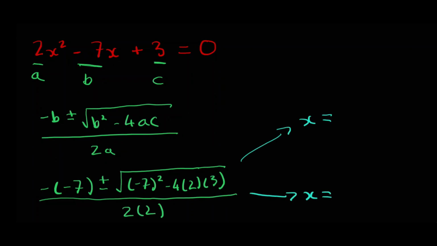And if you calculate that for both the plus and the minus, the two solutions you should get are x equals 3 and x equals 1 over 2. So for this quadratic to equal 0, x needs to equal either 3 or 1 over 2.